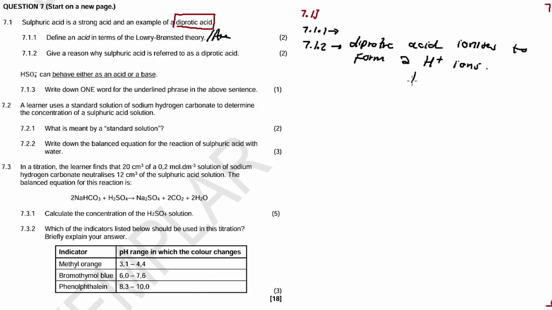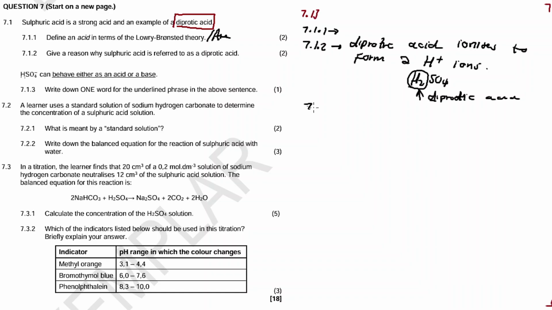A nice example is sulfuric acid, H2SO4. This H2 is an indicator that you are dealing with a diprotic acid. The di means two, protic, proton. So we now have this: HSO4- can behave either as an acid or a base. It can either accept a proton or donate its proton.